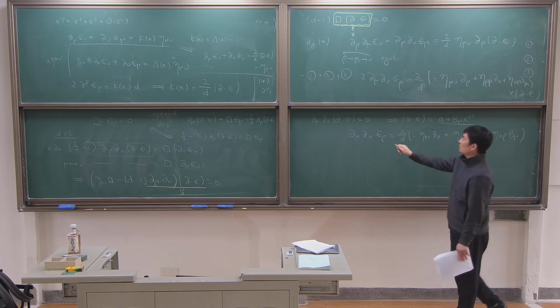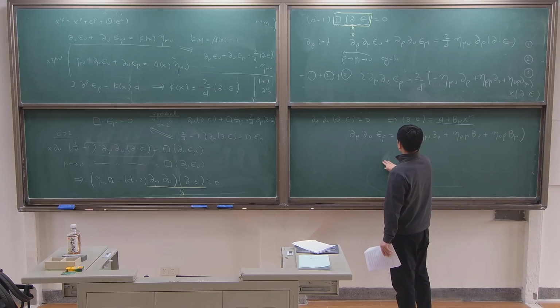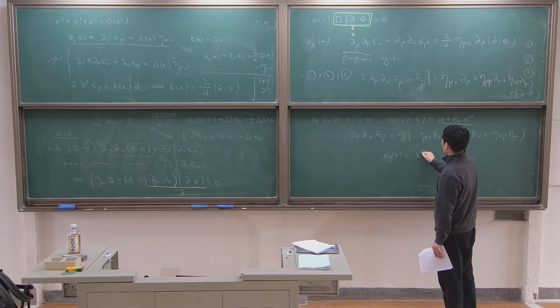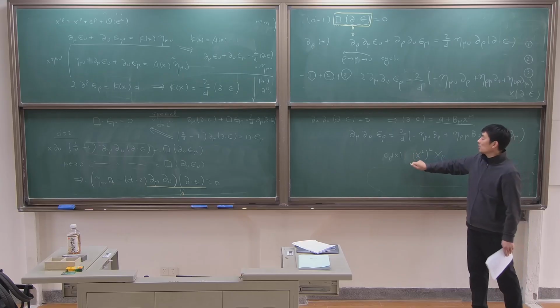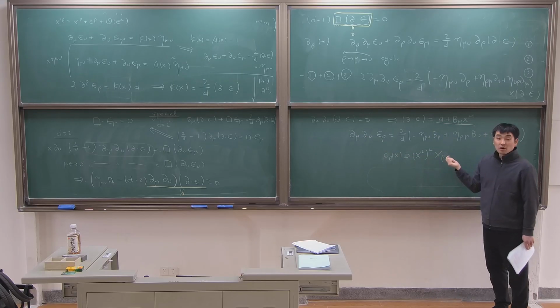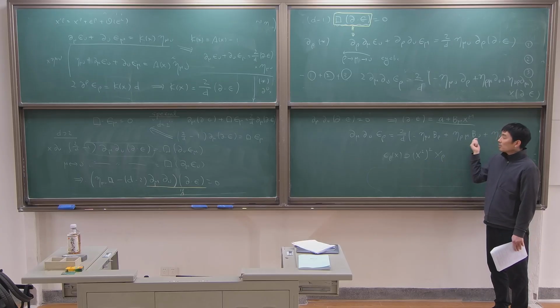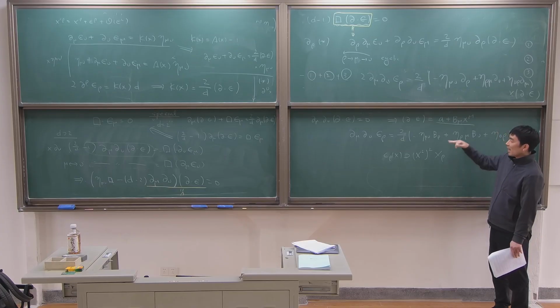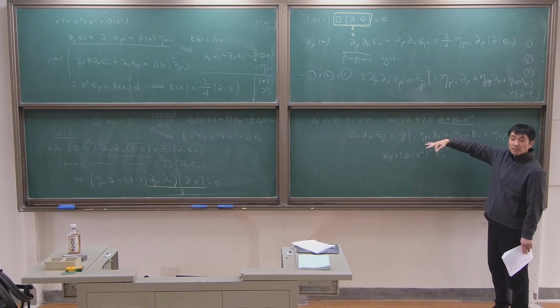So therefore, if you have epsilon_rho of x with something like x squared x_rho, if it contains this term and you take twice the derivative, it still depends on x. So this never happens. Therefore, it has to be at most quadratic.